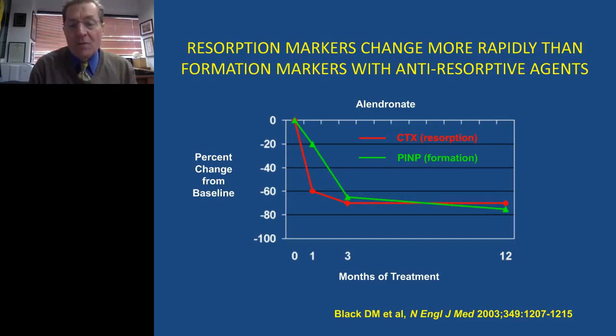And then ultimately the osteoblast activity will go down, and that's demonstrated here by the drop in the osteoblast marker, the P1NP. So actually you can use a P1NP as a bone resorption marker. It takes a little longer to get the formation marker down with anti-resorptive agents, but this is the principle of the biology of the coupling of bone cell lines.